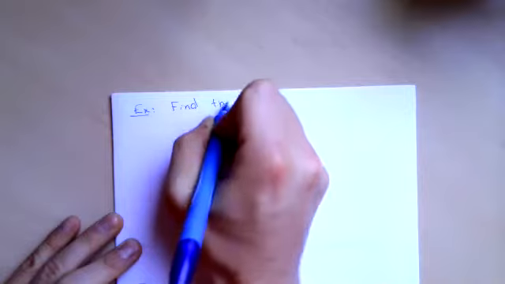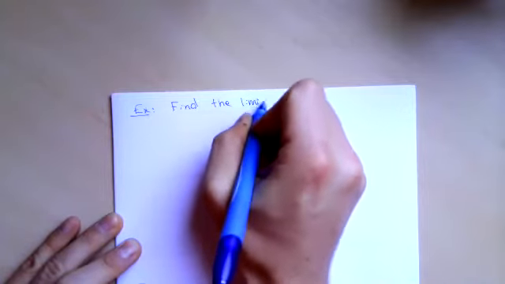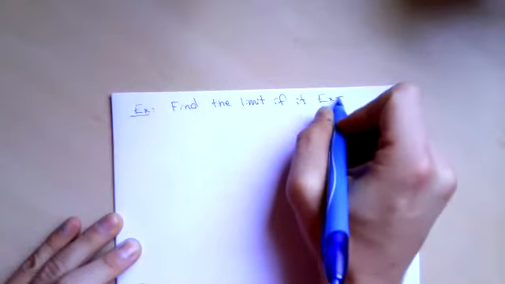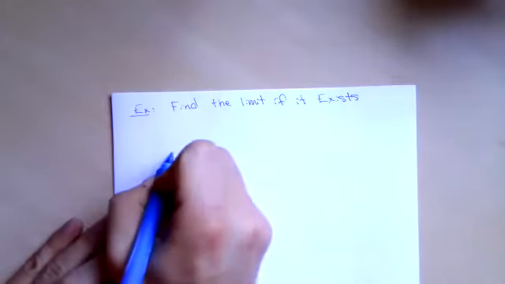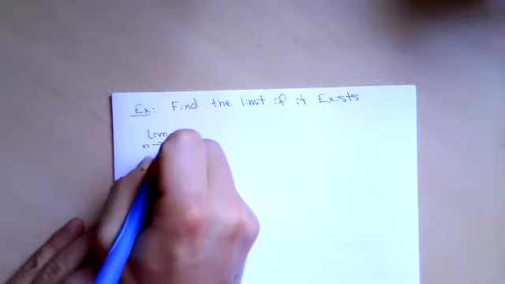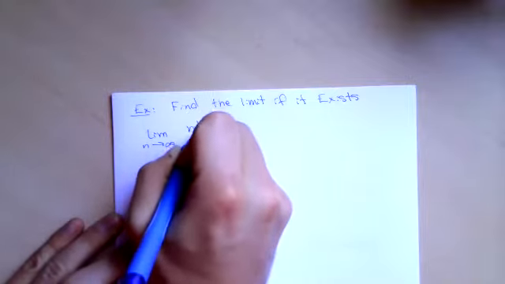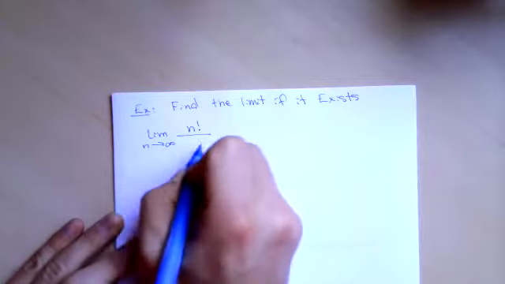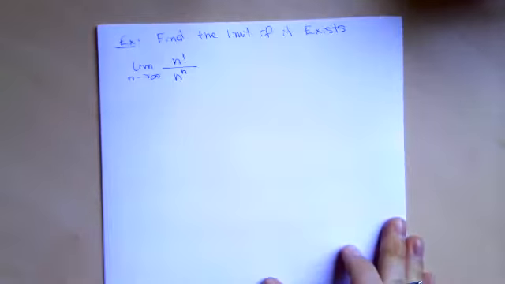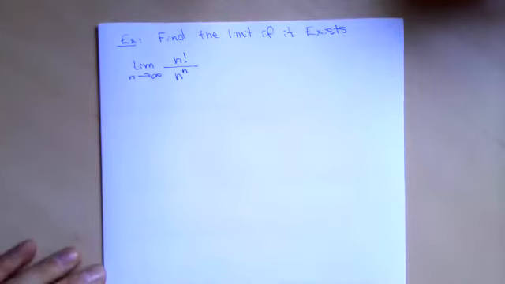We should say find the limit if it exists. And we've got the limit as n goes to infinity of n factorial over n to the n. So this will give us some practice of dealing with these factorials.